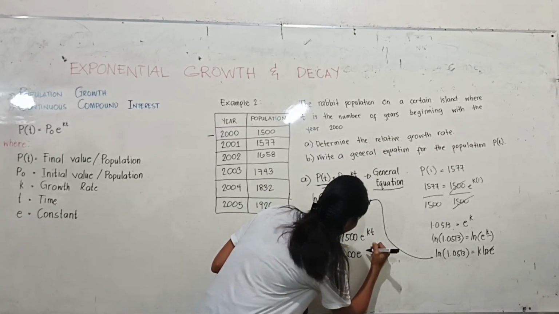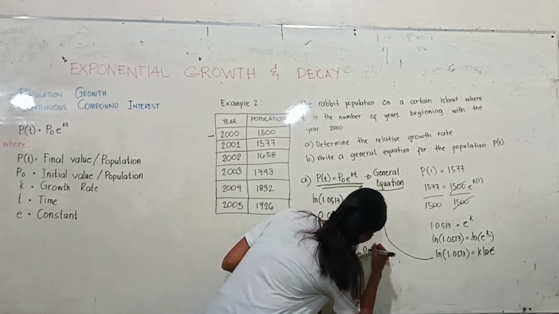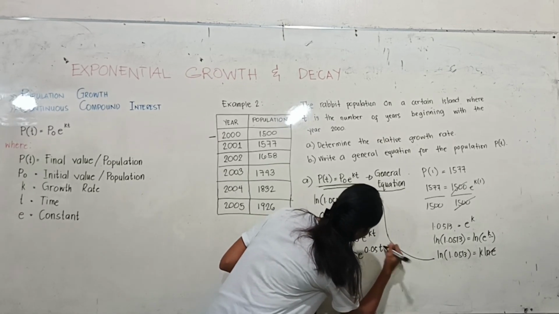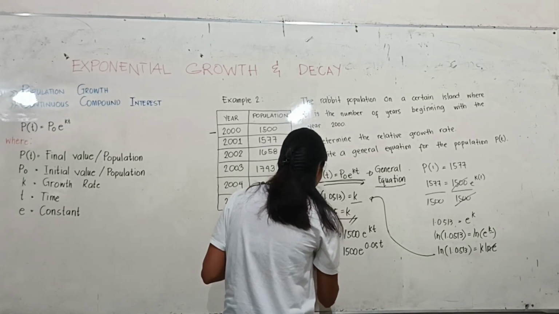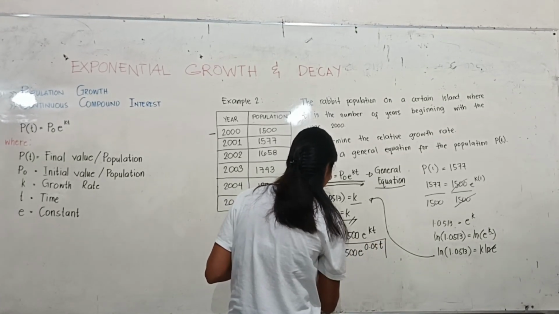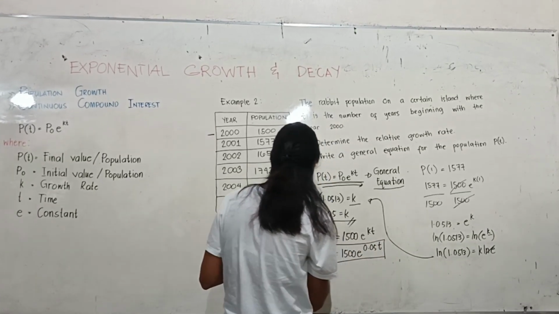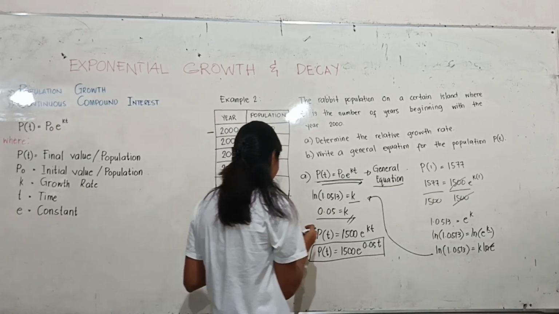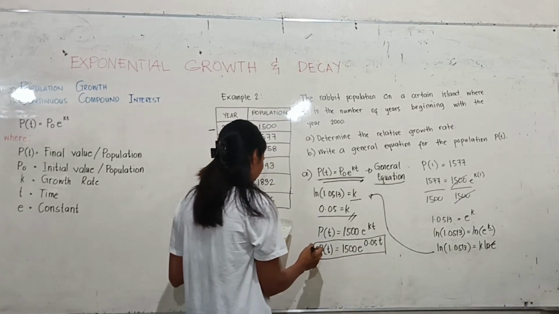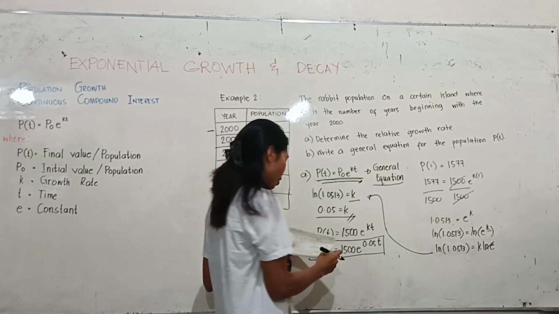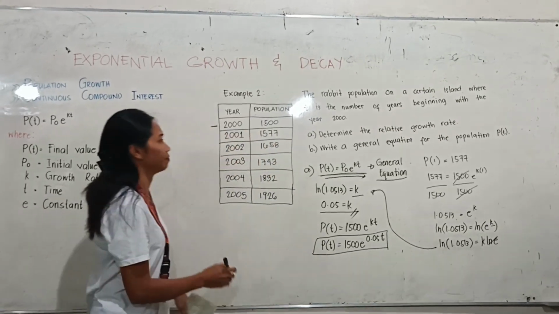Then plug in the value of K, which is 0.05 times T. And this is the answer of the letter B. So, basically, the population increases by 5% every year.